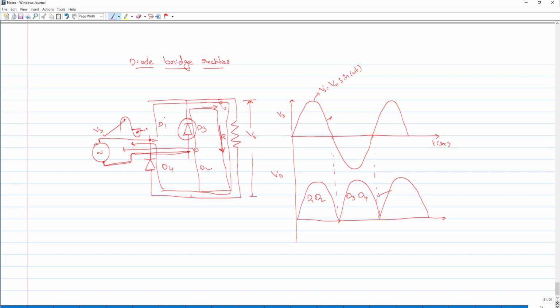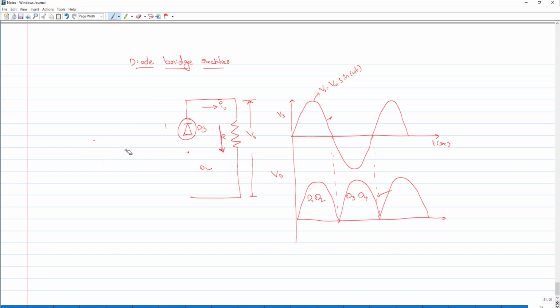Let us observe. So let us draw the circuit again. We want to understand the peak inverse voltage, because that is the reason why we are going for the full bridge, right? So what is the peak inverse voltage of the diode? Now see carefully.